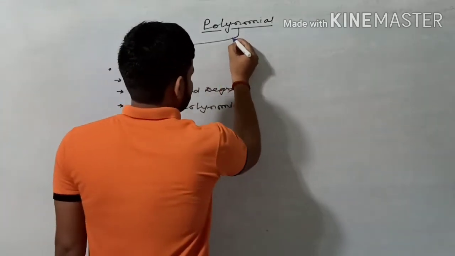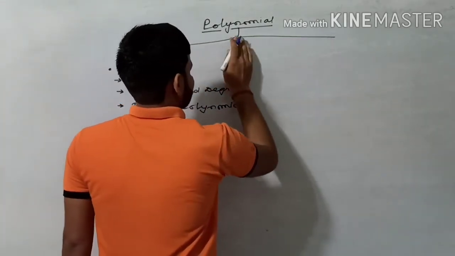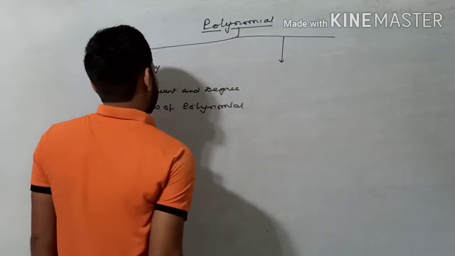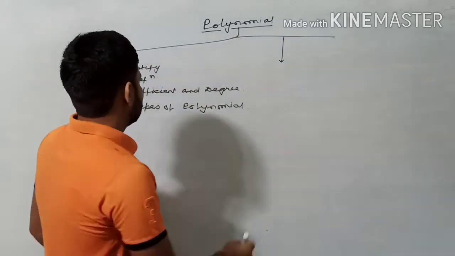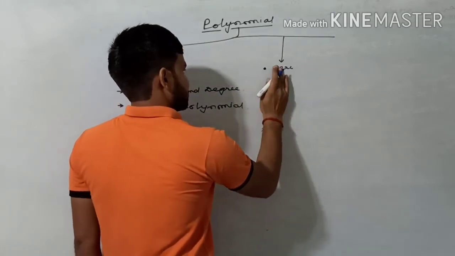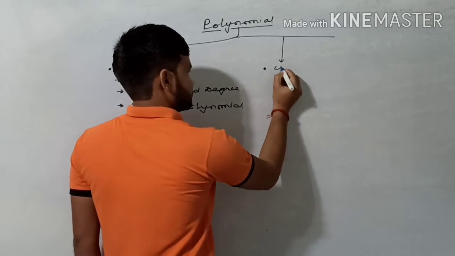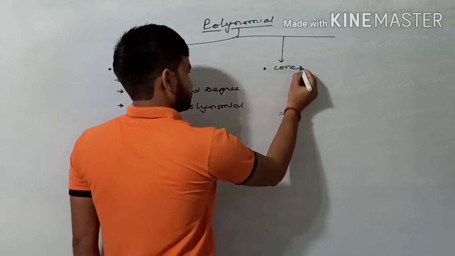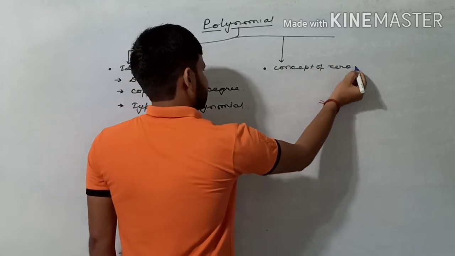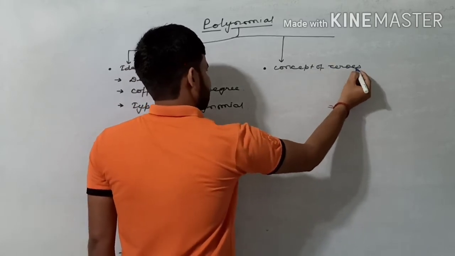After that, in the second part, we read about the concept of zeros.